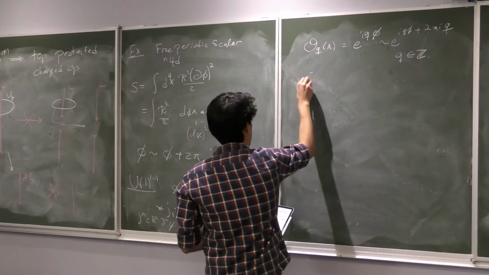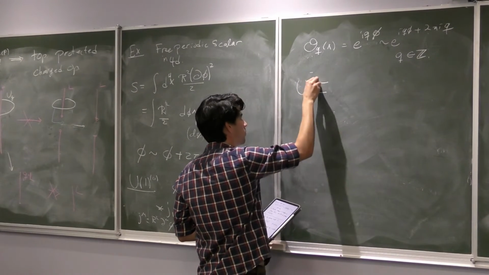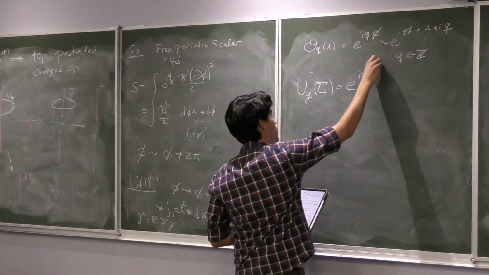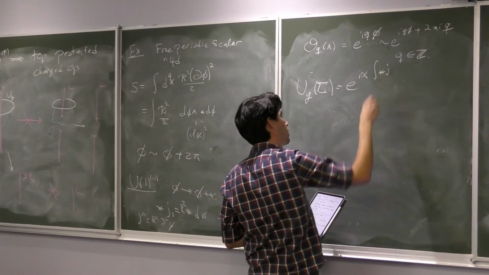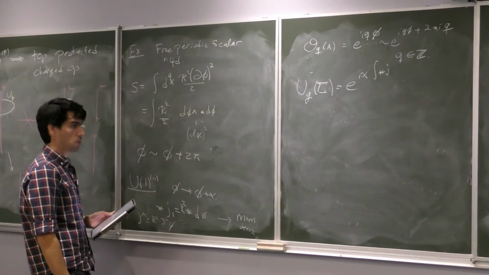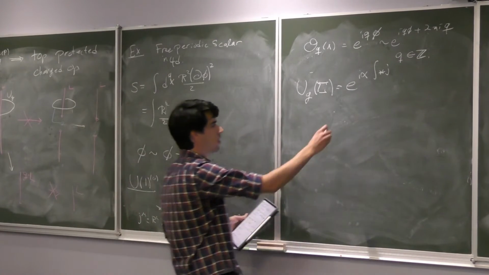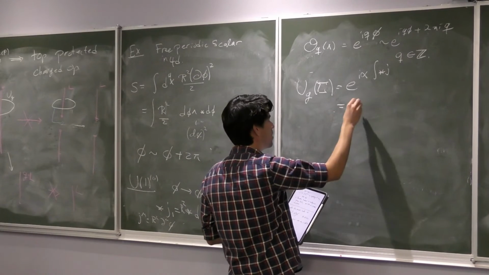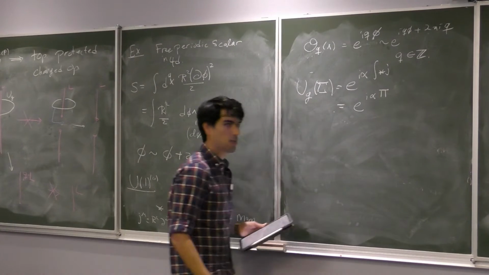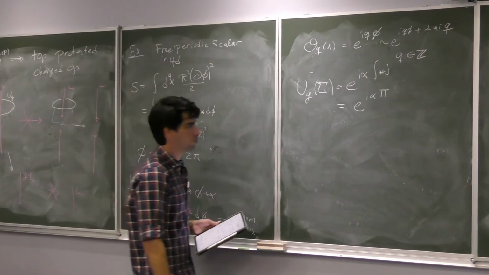And the symmetry defect operator, as we now know, is just the exponentiation of the integral of the current, which is going to look like e^{iα} times the associated momentum operator.